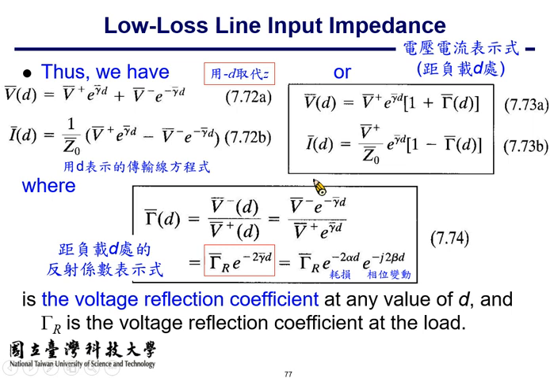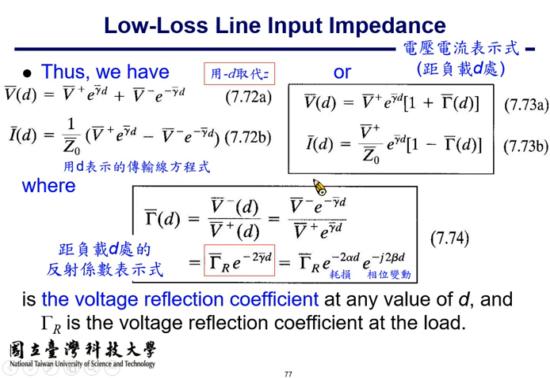Now, with the reference point moved to position D, you need to add a phase correction term over here. That shall be the round trip distance from the observation point D toward the load position, which means D equal to 0. So the phase delay accumulated with this observation point change shall be exponential minus 2 times gamma D.